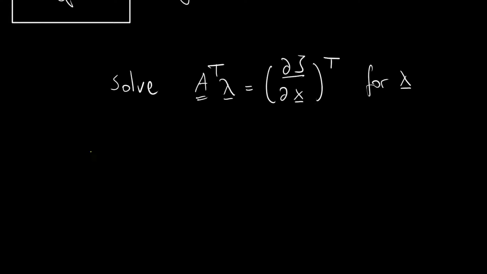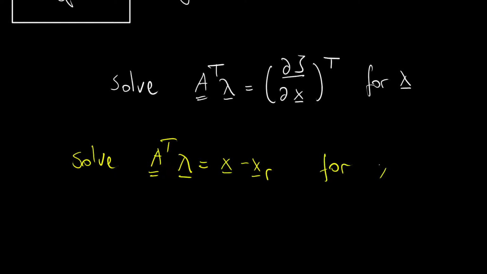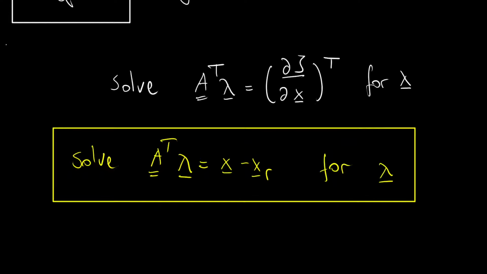So in essence, what we have to do first is to solve the adjoint system A transpose lambda. And in our case, this derivative transpose evaluates to x minus xr. And we solve this system for lambda. That will be the first step here.